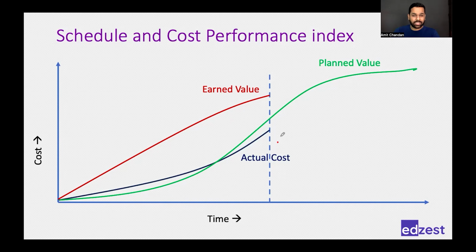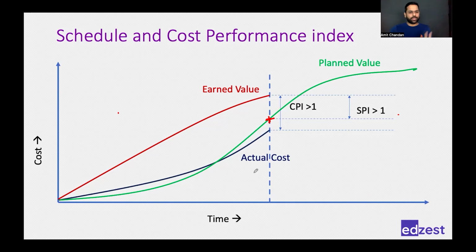So in this case, I'm earning more than what I had planned and more than what I'm spending, which means I'm doing a good job in terms of schedule and cost both. So my SPI will be greater than 1 and my CPI will also be greater than 1. Right? If it has to be equal to 1, then there will be an intersection between the curves.